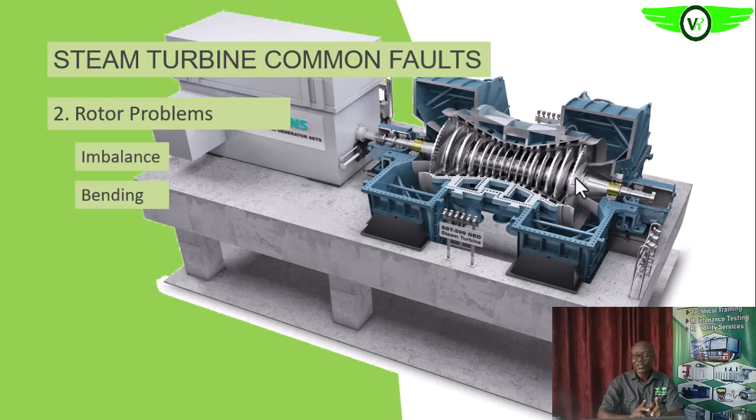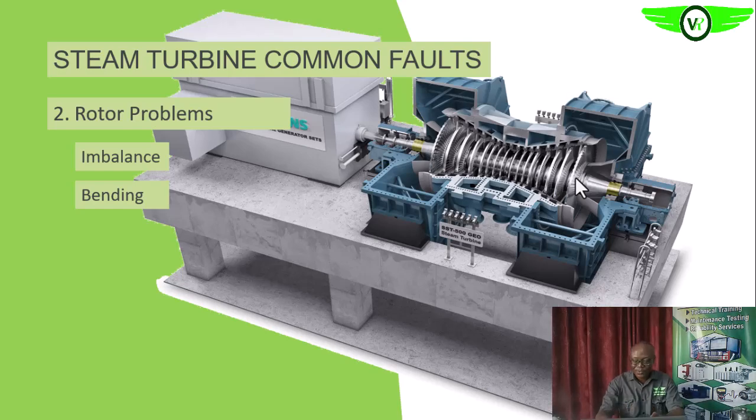So know the cause: when there is a temperature gradient, the rotor does not absorb heat evenly, so the tendency of it bending will be there.